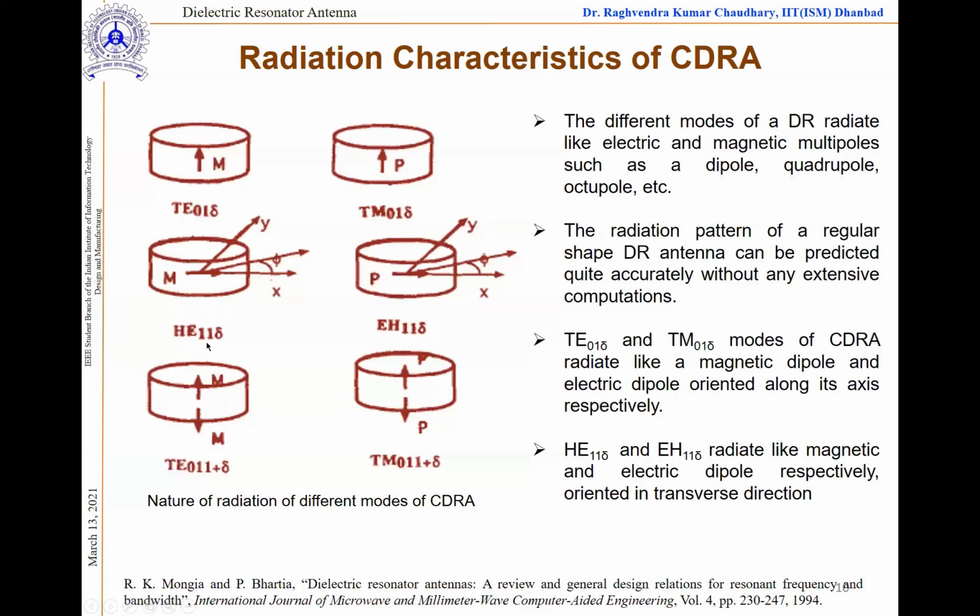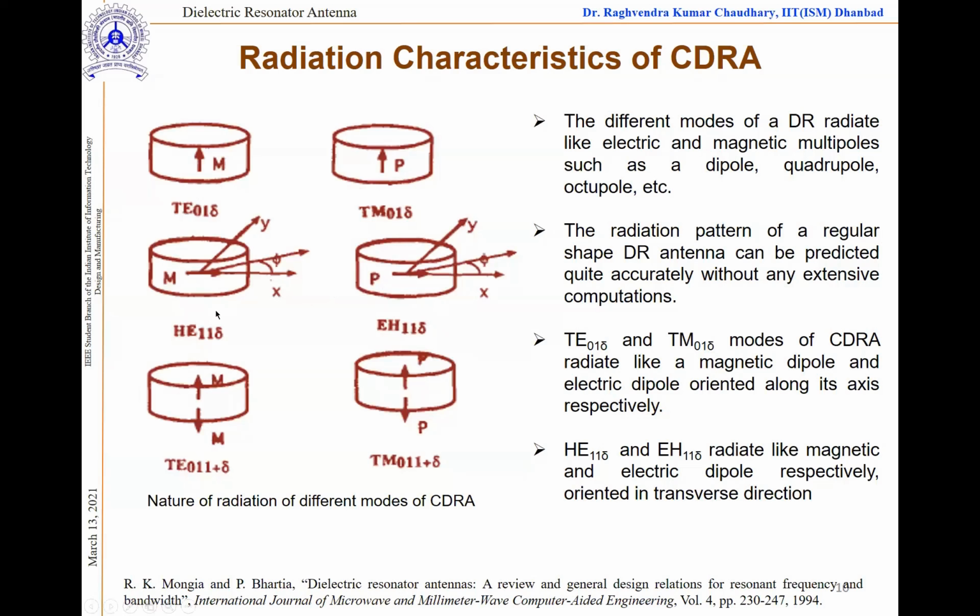These are higher order modes, where all the components exist. Here, he said, horizontally, in the azimuth plane, it is a magnetic dipole, and this is an electric dipole in the azimuth plane.